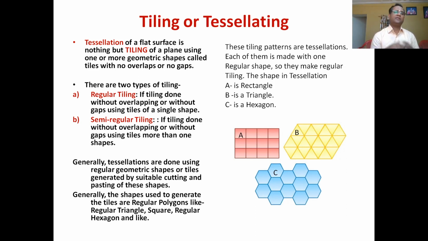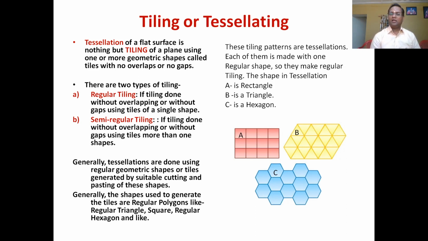Children, you might have seen on roads or in many parks and grounds, different types of flooring patterns where different shapes of tiles are used to decorate and make beautiful patterns, and each pattern is different. So here when they are tiling, you can see none of the tiles overlap or have any gap.